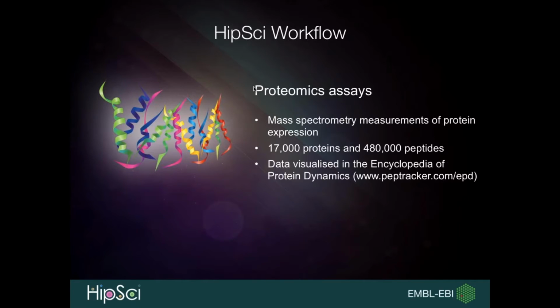And at Dundee, they have identified 17,000 proteins and 480,000 peptides in the HipSci iPS cell lines. So this is a really thorough and deep proteomic profiling of this cell type. And at Dundee, they have made all of their proteomics data available and visible in a tool called the Encyclopedia of Protein Dynamics.